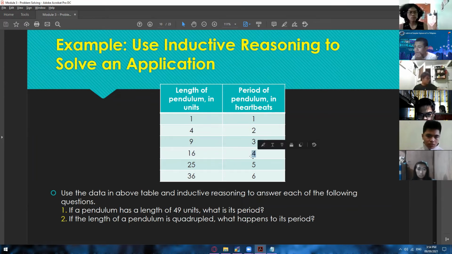But how do you say this one? 5 is like quintupled. 9 is, I don't know, but it's 9 times the pendulum length, and you will get 3 heartbeats. If you multiply this one by 4 again, it gives us 36, so this is also double. I don't know how to say 9 times, so yeah, it's like 9 times.